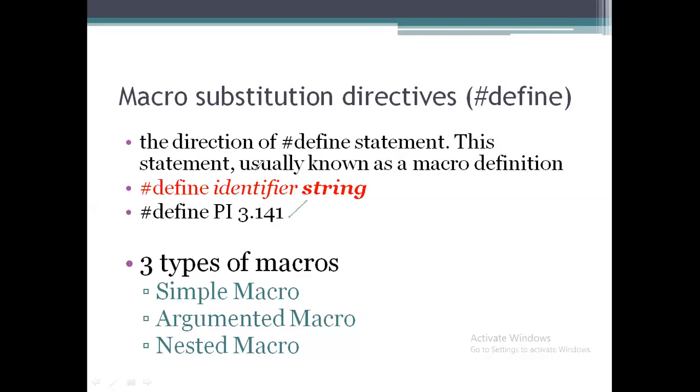The first part is hash define, next is the identifier, and next is the definition or value. Here the identifier is PI and the string is 3.141. This type of definition is called macro substitution.